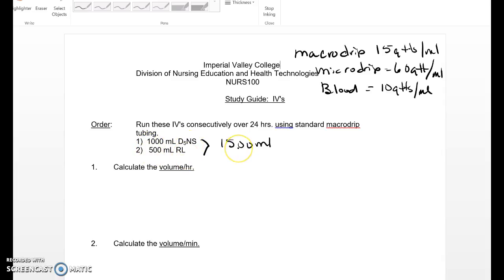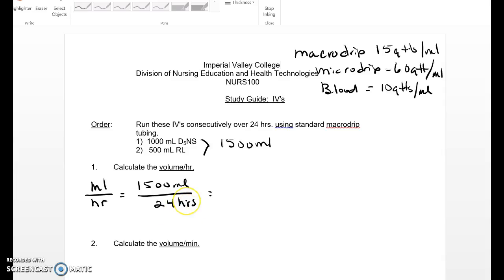So we total up those and we're looking for milliliters per hour. So we have 1,500 mLs and we're going to run that over 24 hours. I don't need any conversion factors here because I already have my milliliters per hour.